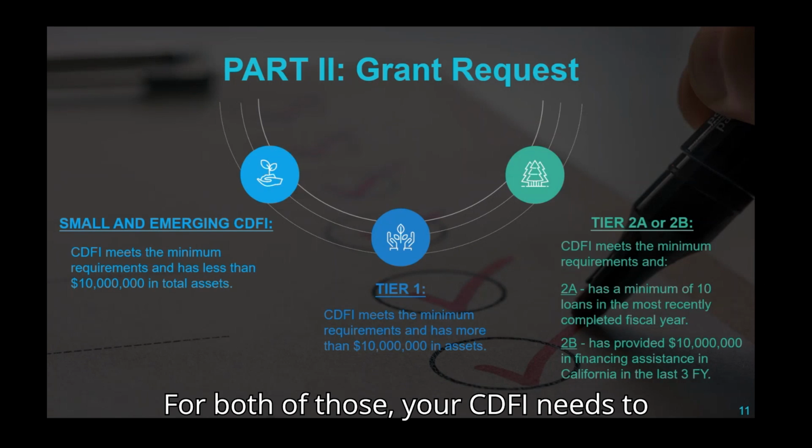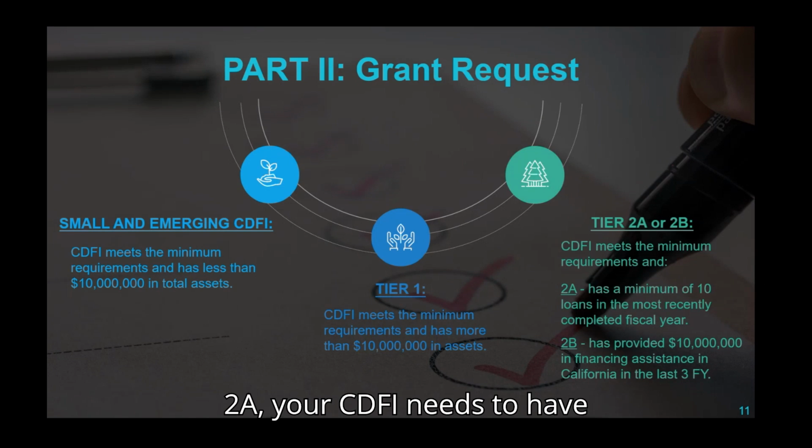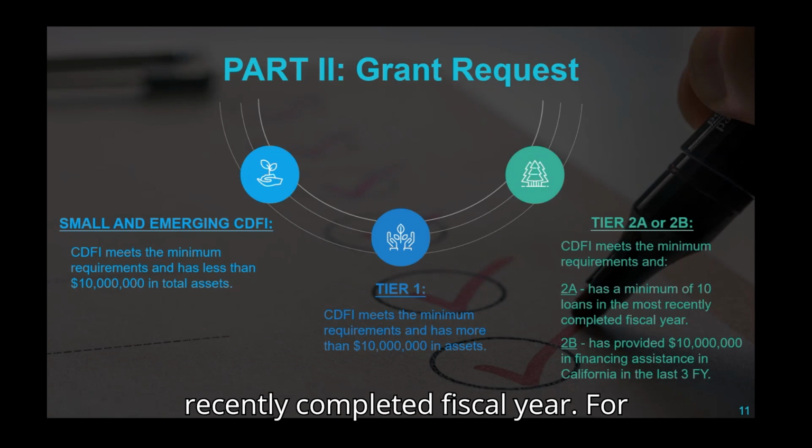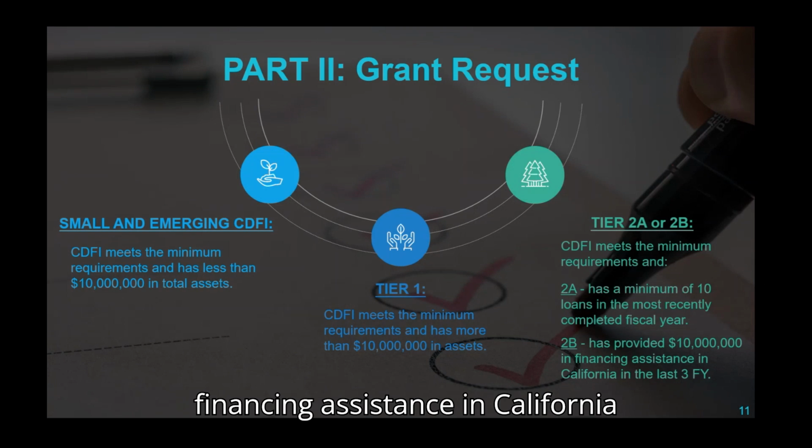For both of those, your CDFI needs to meet the minimum requirements. And for 2A, your CDFI needs to have a minimum of 10 loans in the most recently completed fiscal year. For 2B, your CDFI needs to have provided $10 million in financing assistance in California in the last 3 fiscal years.